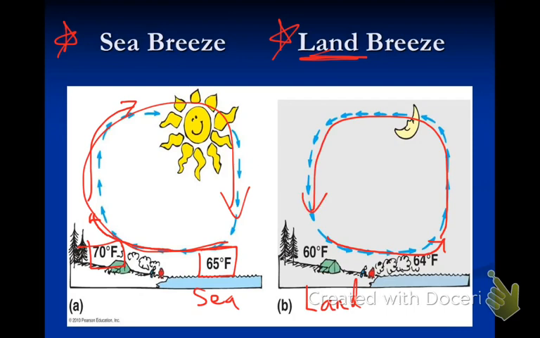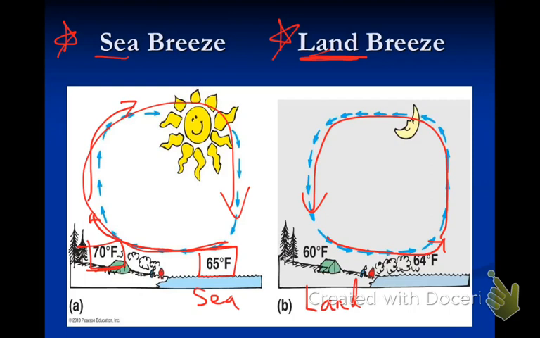So just to review these two, a sea breeze, the air starts above the sea. Land breeze, the air starts above land. Now in both cases the temperature stays about the same. So during the day, so on the left, we're looking at the daytime right here, the land is warmer, and so air is flowing from the cooler sea to the warmer land.